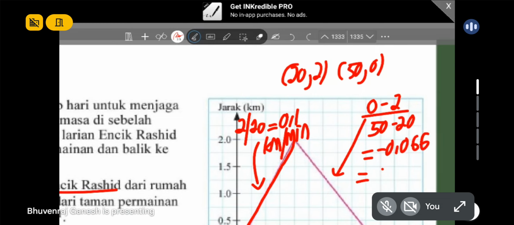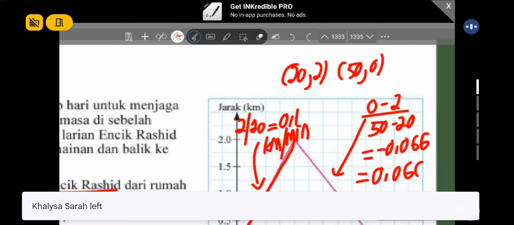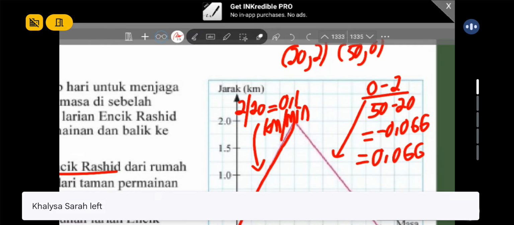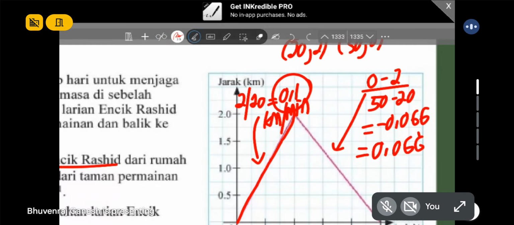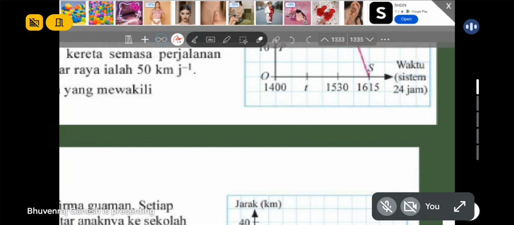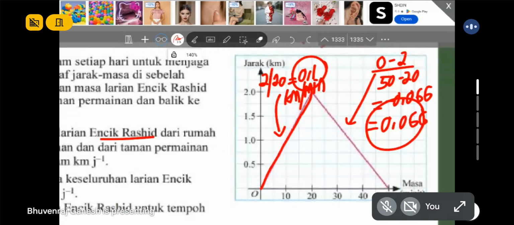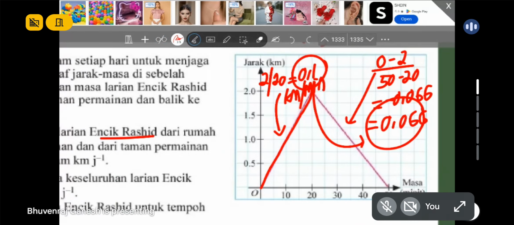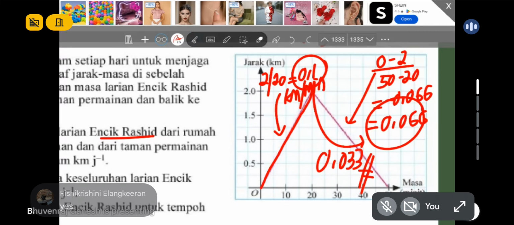But remember, you must say it is positive. Make sure speed always positive, guys. So beza dia, tolak lah. Tolak dua-dua ni. So if you minus both, you will get the answer. Final answer is 0.1 minus 0.066, which is 0.033. Okay, understand guys? Paham how to get the answer?